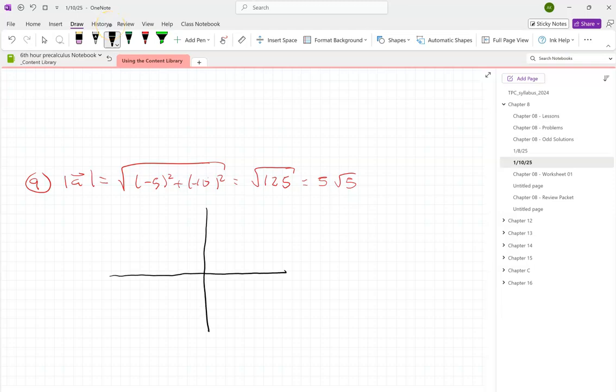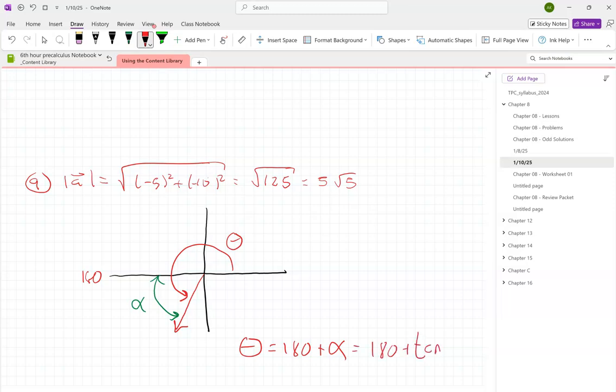So now to do the direction, we'll plot negative 5, 10. So it's down here. So that's my theta. My alpha, again, always between the x-axis and the terminal side. So that's my alpha. So theta is going to be 180 plus alpha. And alpha is always going to be tan inverse the absolute value of y over x.